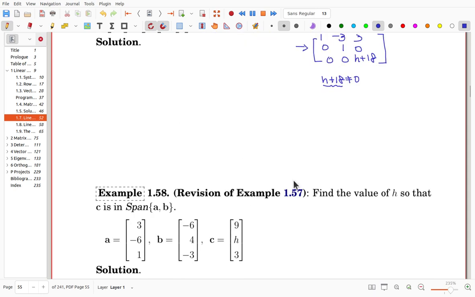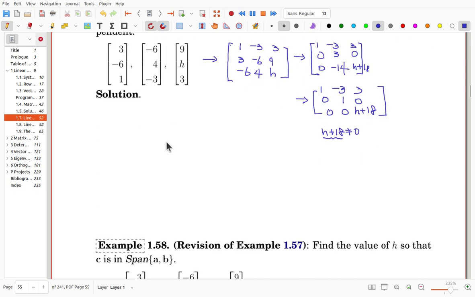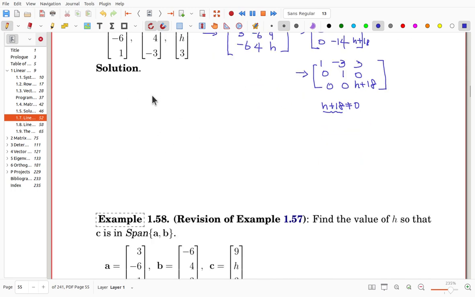Okay, we revisit the problem. Find the value of h so that C is in span AB. Right now, these whole 3 vectors form a matrix. In this problem, C is in span AB.